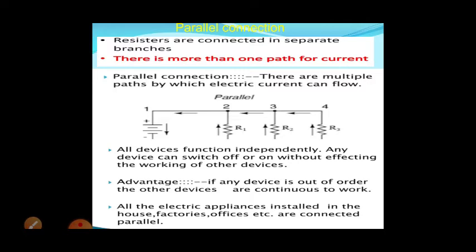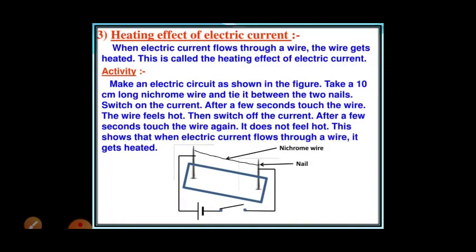That means it is in a parallel connection. If we switch on only the fan, the lights will not glow. So all have separate parallel connections. This is good for the appliances, it saves energy, and in many ways parallel connection is good for household purposes.